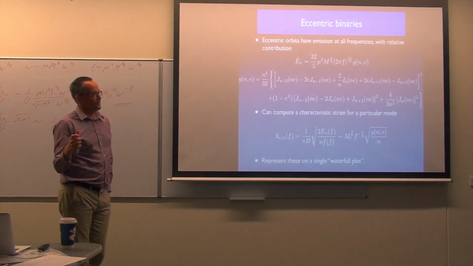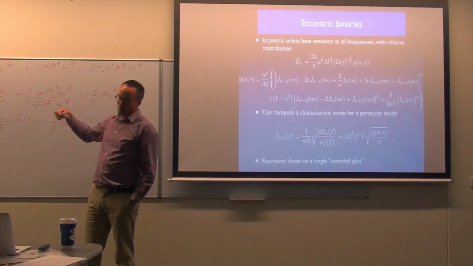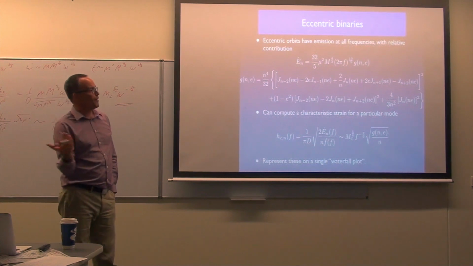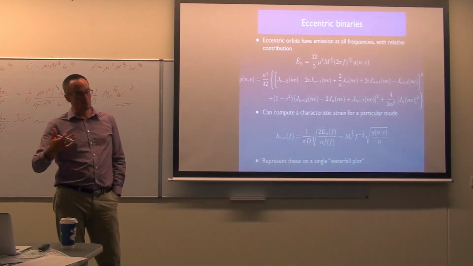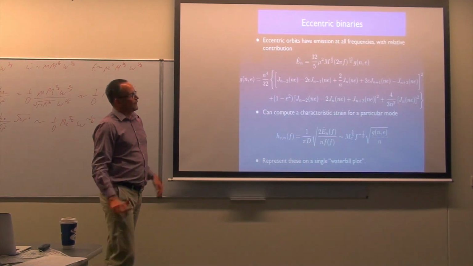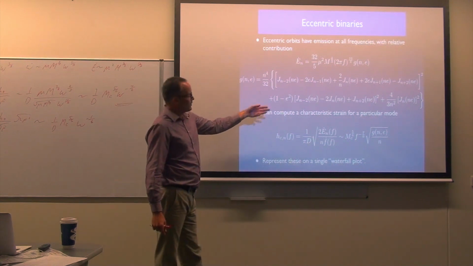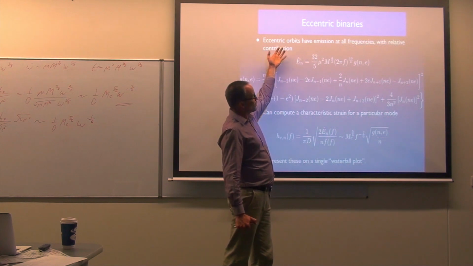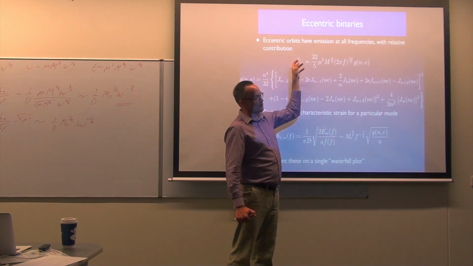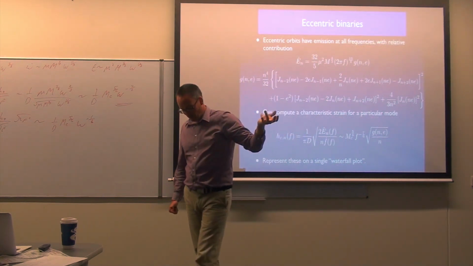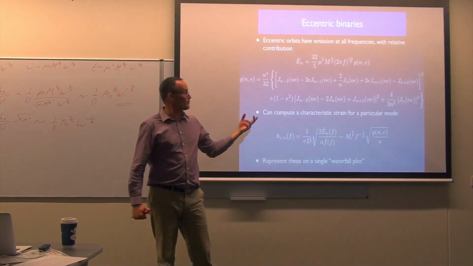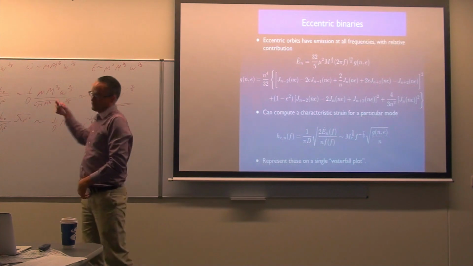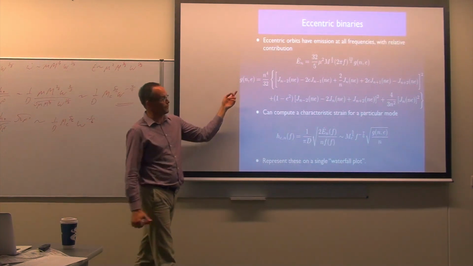What you find then is that rather than having everything oscillating with a single frequency that's twice the orbital frequency, you get components at every integer multiple of the orbital frequency. And this was derived by Peters and Mathews back in the 60s. And you can work out basically the energy flux carried by each of those different modes by working out the contribution to I triple dot squared from each one.